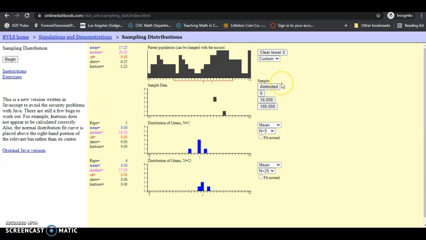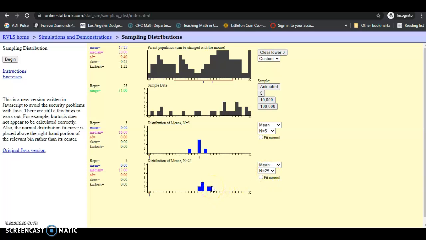Once again, if you click animated, it'll show you taking random values from your population, whatever sample size you have, and then it'll show you the resulting sample mean. For the random sample of 25 values, the sample mean landed here.